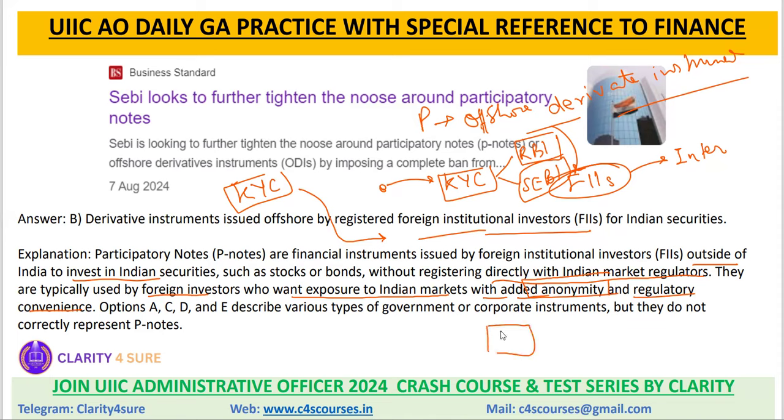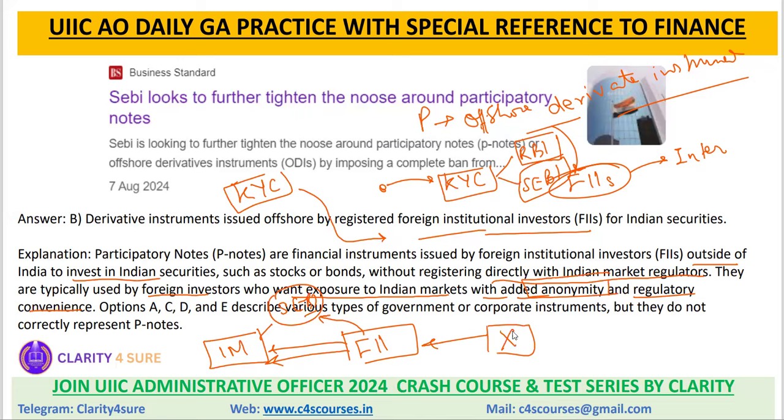See, let's suppose this X is a firm which is taking P notes from this FII. So the FII is invested in our Indian market, which is regulated by our regulator like SEBI. Now, when this FII is investing in this Indian market, it has to follow the rules and regulations defined by the SEBI.